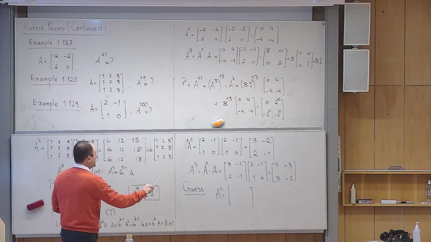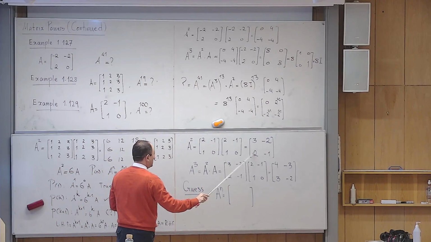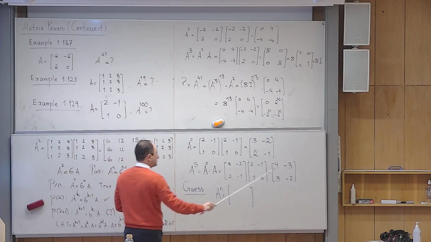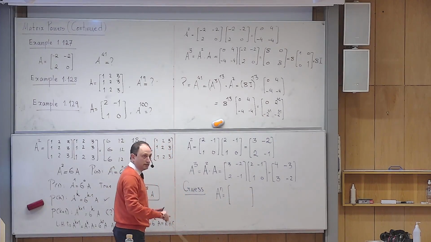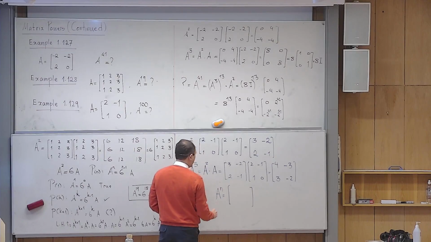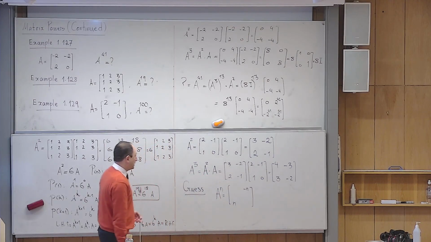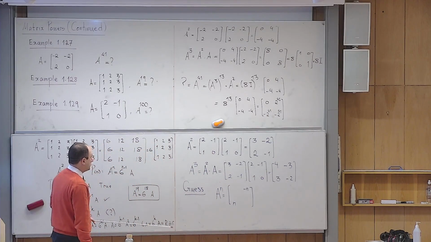Then the second power became minus 2 and 2, and the third power becomes minus 3 and 3. At least this is an educated guess to say that, okay, for A to power n it is minus n here and n here.